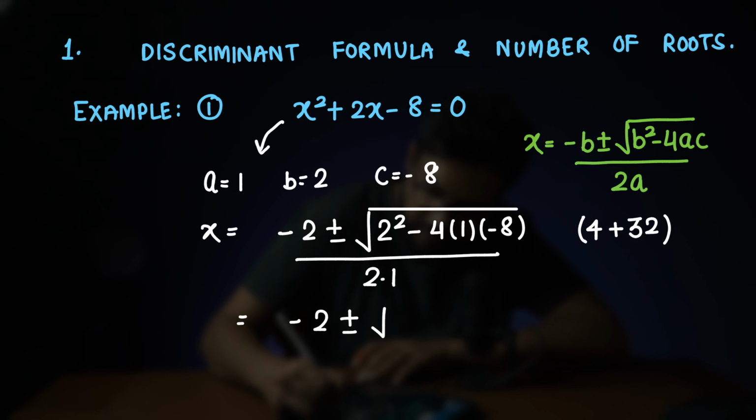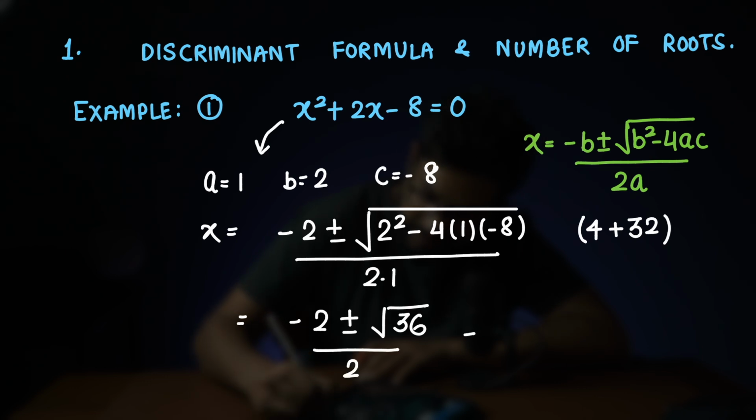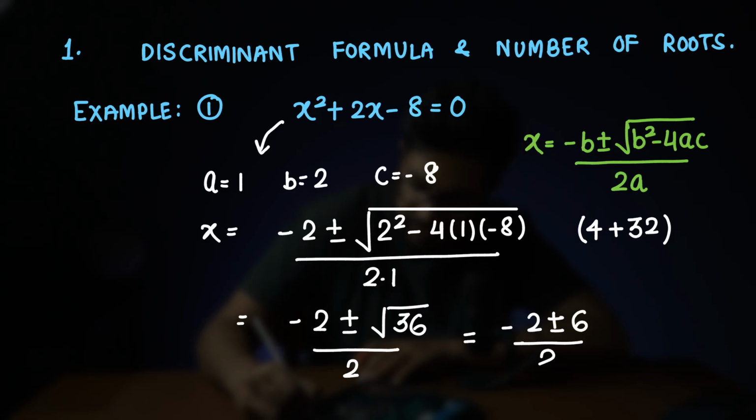So the number inside the square root is 36, divided by 2. We get minus 2 plus minus 6 divided by 2.